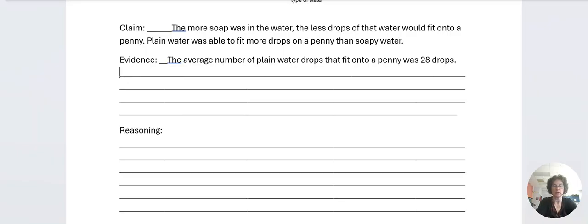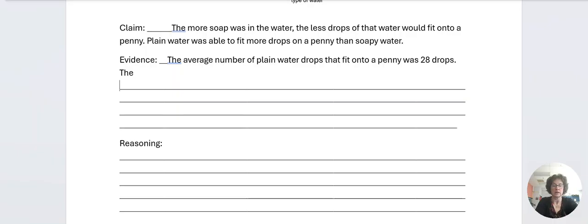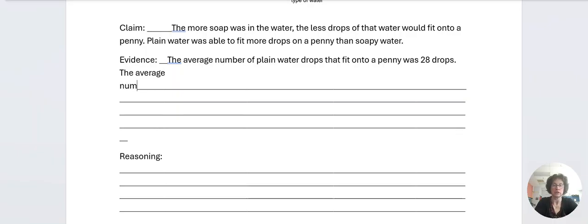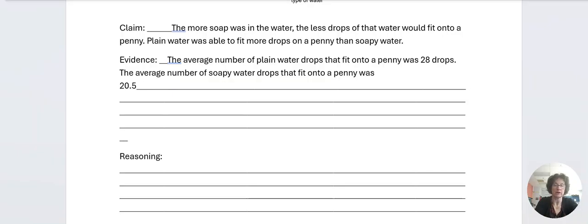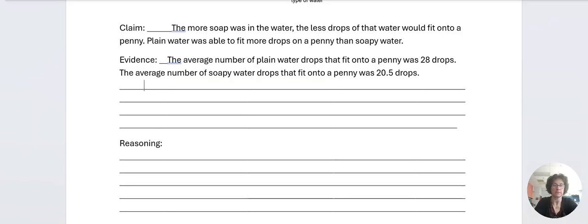Be specific, right? The average number of soapy water drops that fit onto a penny was 3.5.